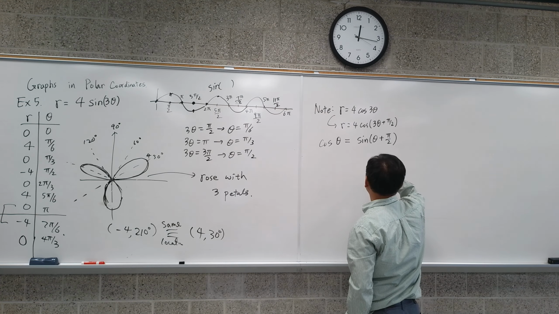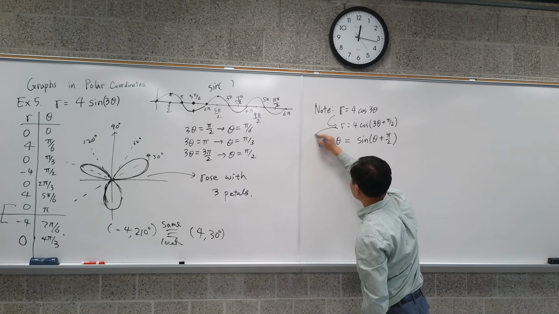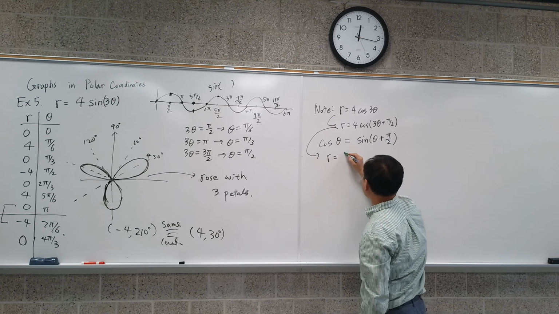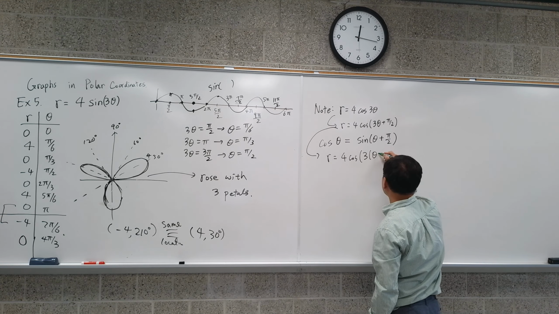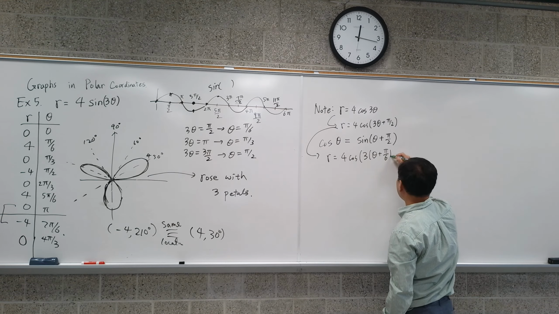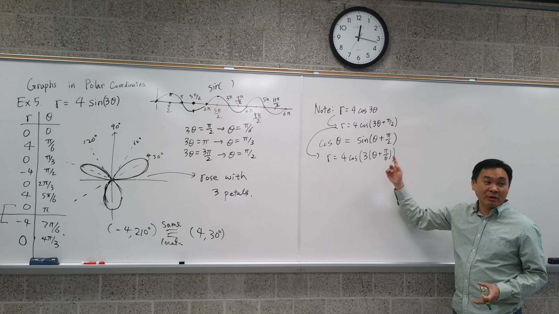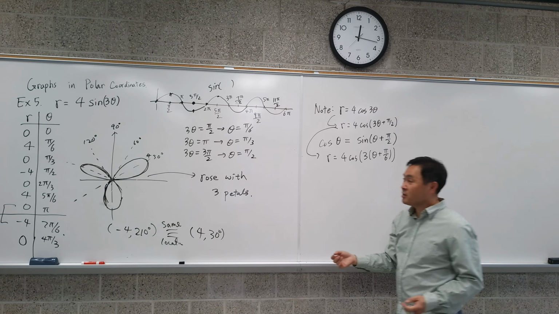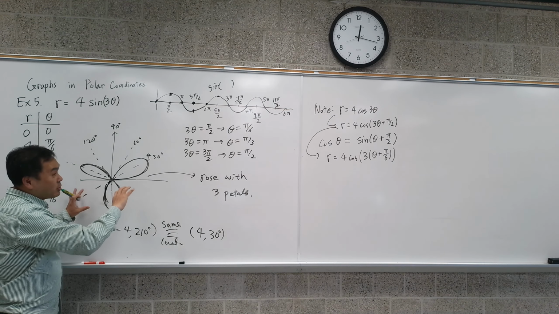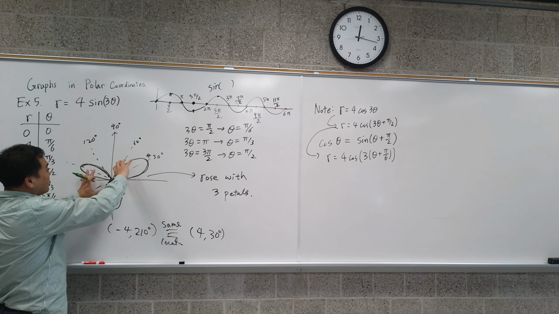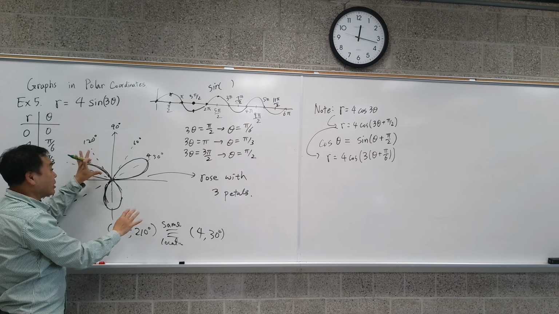which is, okay, so you can again write this as 3 times theta plus pi over 6. And what that does is, if you replace theta by theta plus pi over 6, it will rotate 30 degrees. Pi over 6 is 30 degrees. It will rotate 30 degrees backwards. In other words, clockwise.